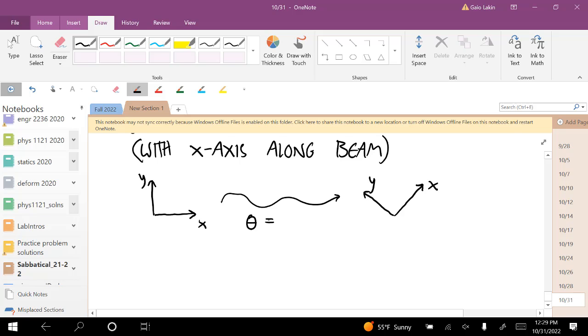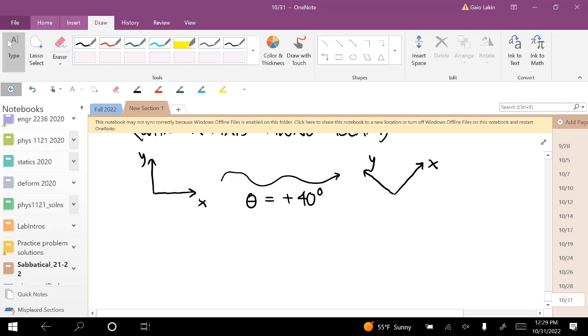So theta is equal to positive 40. And so our rotation matrix, for all of this stuff, we're going to be rotating about the z-axis.